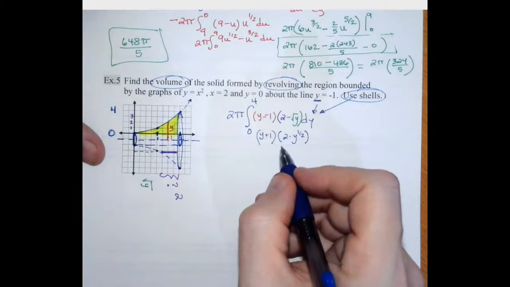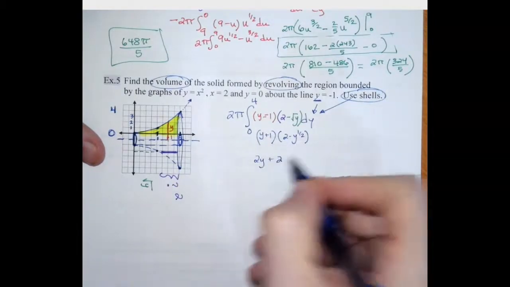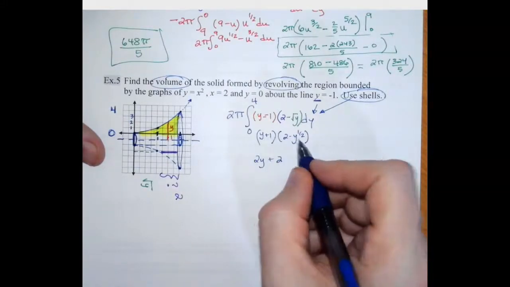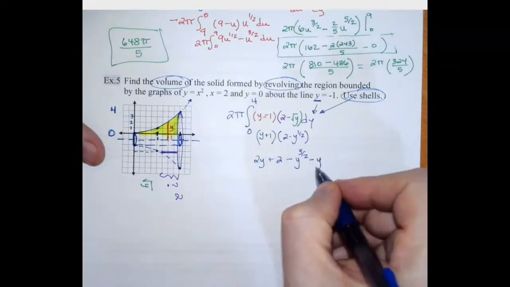And we're going to FOIL that out. I'm just going to do it in order. So that's going to be 2y plus 2, and then minus y to the 3/2, and then minus y to the 1/2.